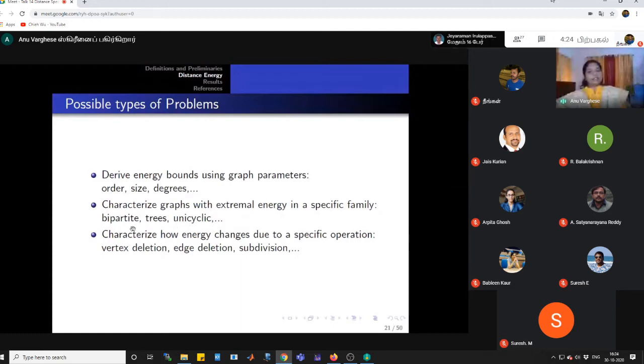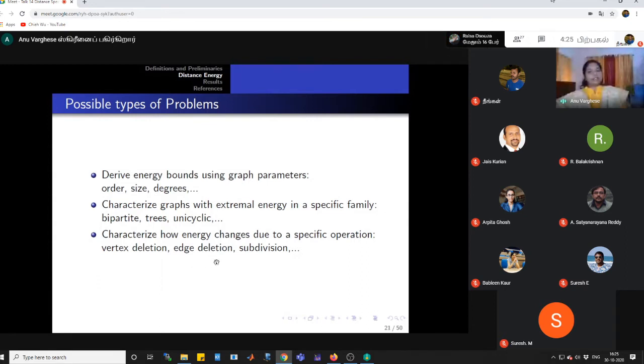We can consider bipartite graphs, we can consider unicyclic graphs, like that. We can find how the distance energy changes on vertex deletion or on edge deletion or types of subdivision of graphs. By deleting vertices, we will get induced subgraphs.